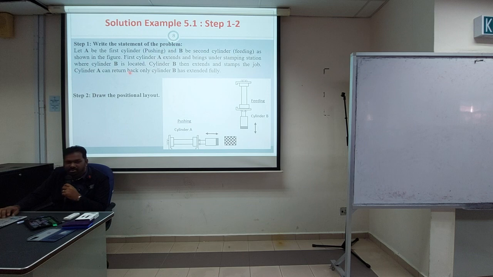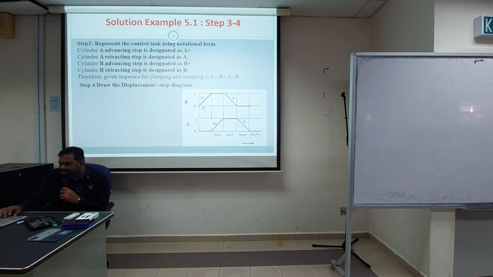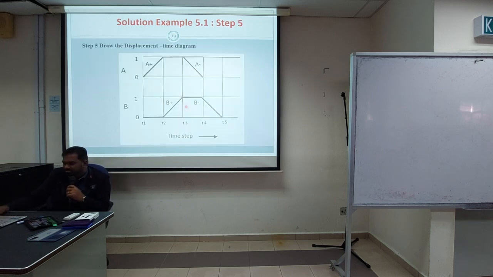First write the statement. So write the statement with all the alphabets and also sensors. Then step 2, draw the positional diagram. Then tulis the sequence. Then step 4, draw the displacement step diagram. Then displacement time diagram, yang ni optional. Kalau ada information time, baru lukis displacement time diagram.